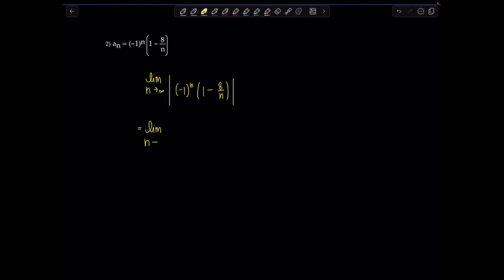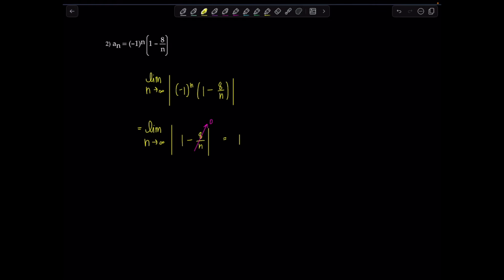So we have the limit as n goes to infinity, absolute value, just 1 minus 8 over n left. As n gets really, really large, 8 over n is going to approach 0. And then all we're going to be left with is absolute value of 1 minus 0, which is just 1.